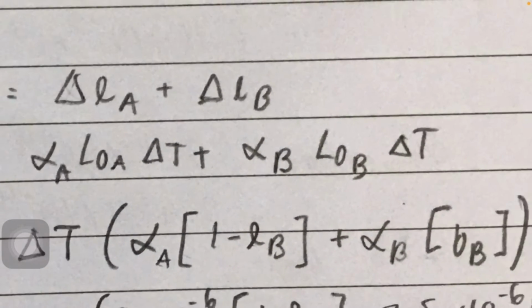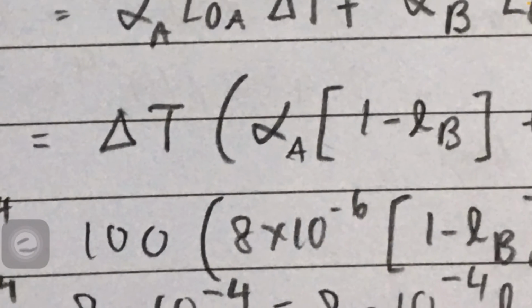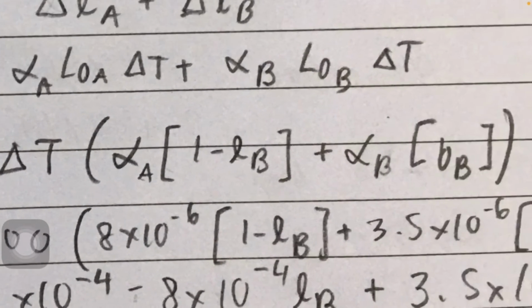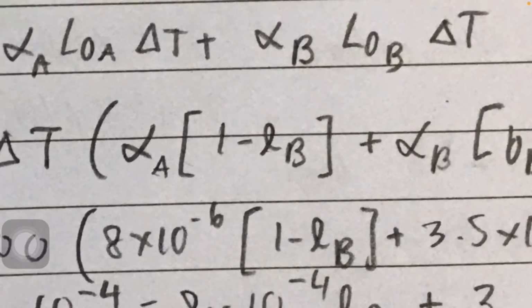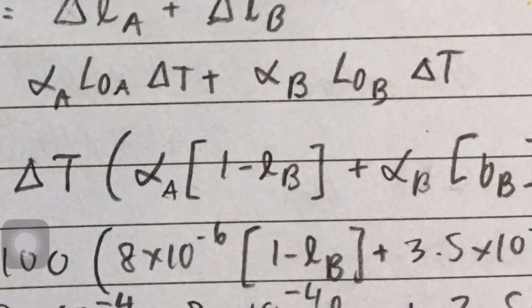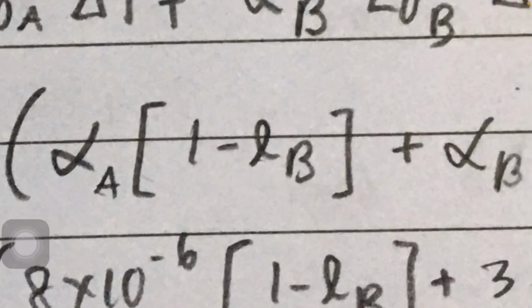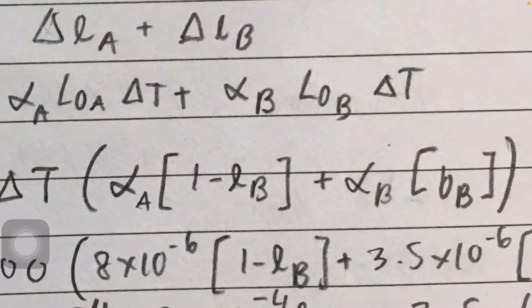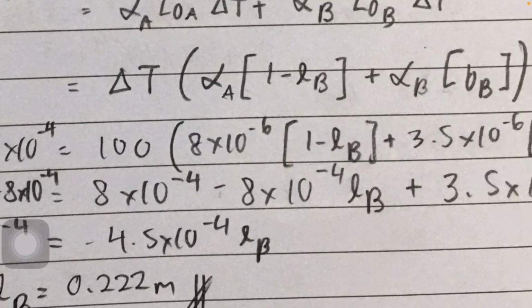We can take out the change of temperature and move it to the front because the value is the same for both sides. We put length naught A in this equation as 1 over length B, so we can get length naught B first.